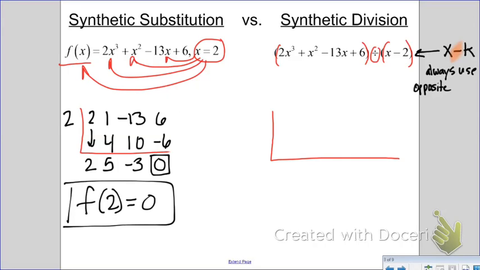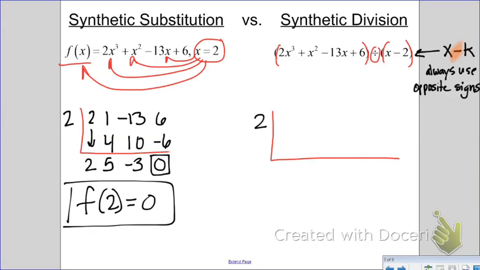So right now I have a minus 2, so I'm going to be using plus 2. And if I had say a plus 3, then I'd be doing a negative 3. So just remember to switch those signs. So, like I said, it says minus 2, so we are going to use positive 2.